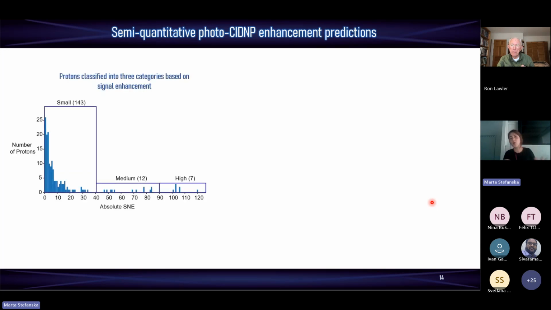And here I'm going to show you just a very simple model based on logistic regression whose only purpose is to be able to, in a semi-quantitative way, predict the class of our Photo-CIDNP enhancement. So the first thing that I did, I basically classified all my Photo-CIDNP enhancements in 3 different categories. Here you can see we have quite a huge imbalance between the medium and high population.